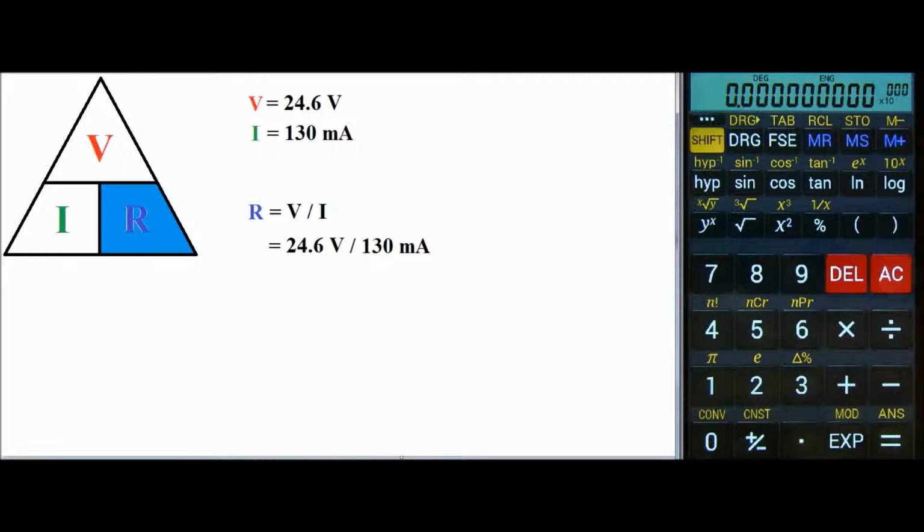Our current is 130 milliamps. So 24.6 divided by 130, and because that's milli, it's exponent -3. And that gives us a resistance of 189.23 ohms.